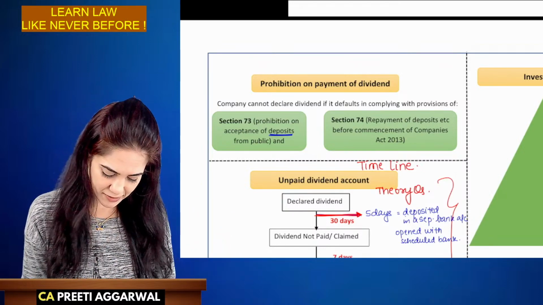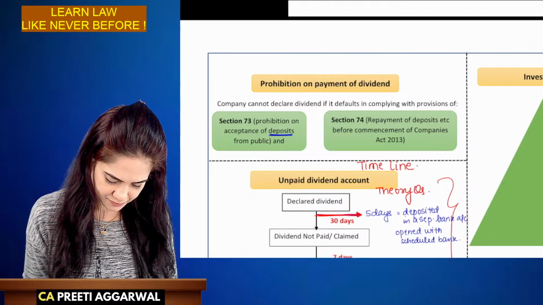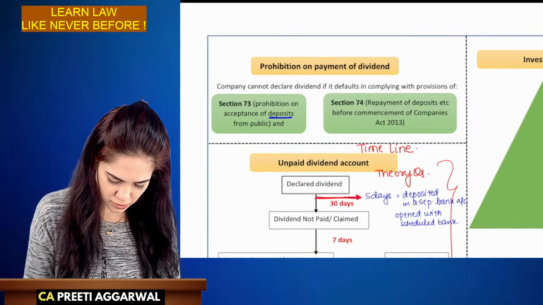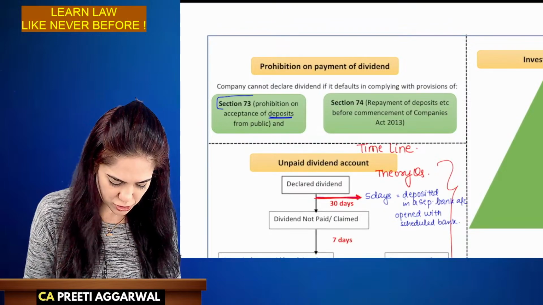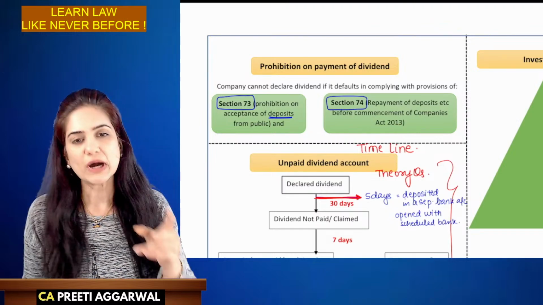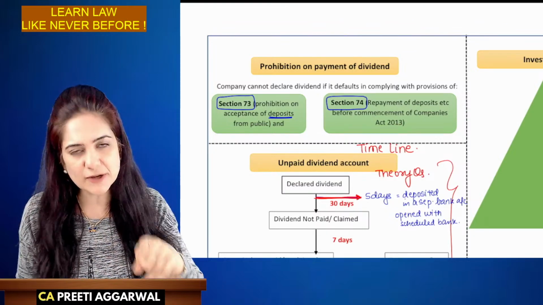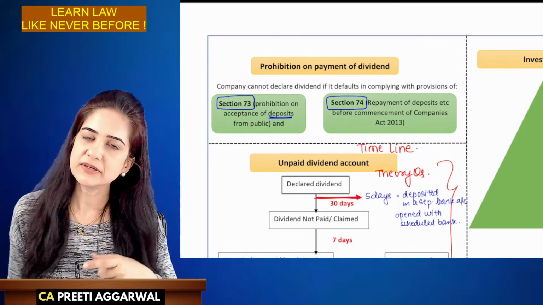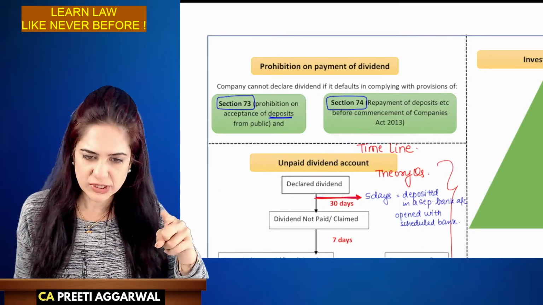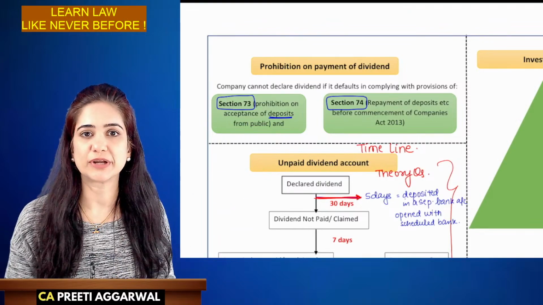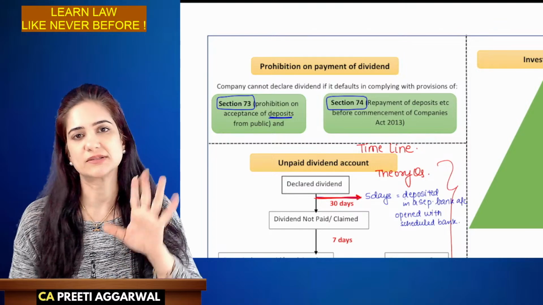So you have accepted deposits from the public, and you have not complied with the provisions of section 73 and 74. You are claiming that you don't have money to repay your deposits and you're declaring dividend. First, use that money to pay off your existing liabilities. Then we will allow you to declare dividend. So that is the logic.